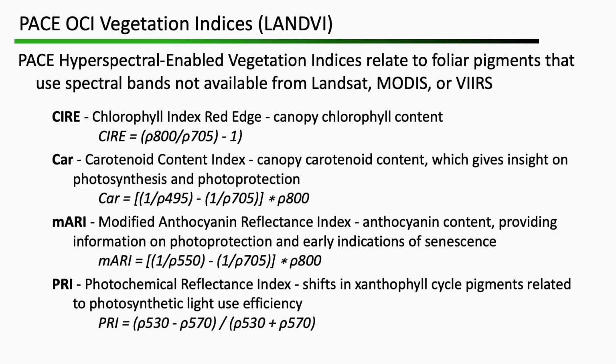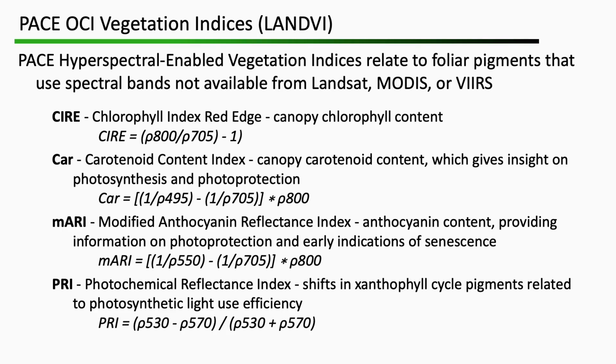Then the anthocyanin reflectance index gives a description of anthocyanin content. Anthocyanins are red pigments in leaves. Again, in the fall, when you see the leaves turn red, that's the anthocyanins, and those pigments provide photoprotection for the leaves and also provide an early indication of senescence.